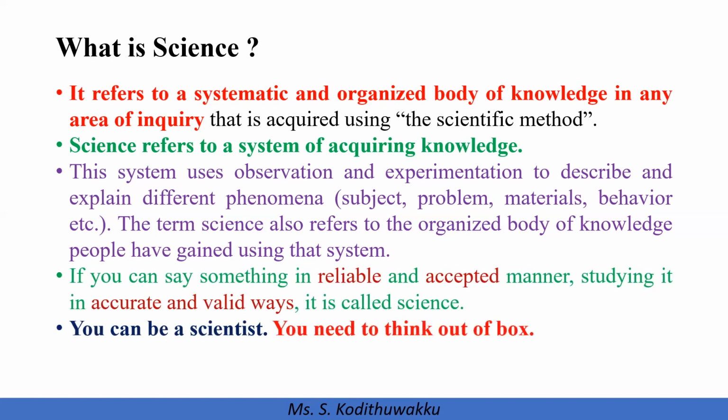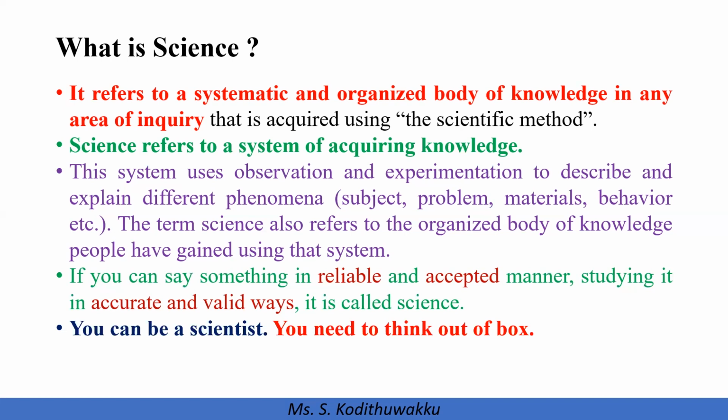Another thing is, if you can say something in a reliable and accepted manner, and study it in an accurate and valid way, it is called science. Now, scientific methods, or let's say science, are 100% accurate. Scientific principles or scientific theories are 100% accurate.